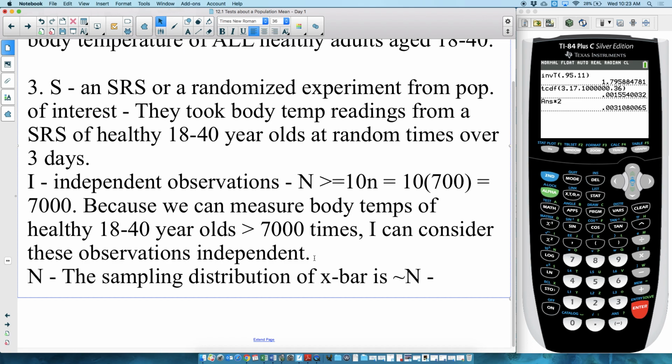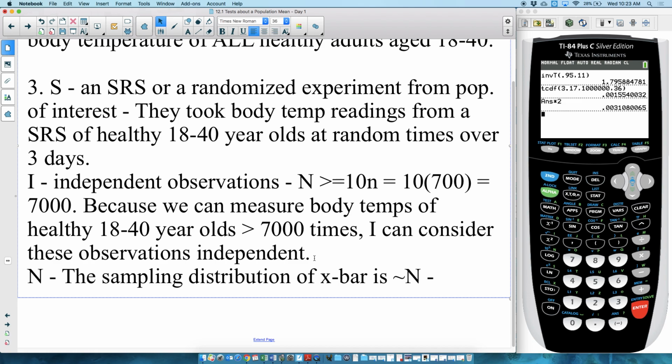Well, it didn't say the population. It said our sample of 700 readings was approximately normal. So if our sample data is approximately normal, then it's likely our sampling distribution is approximately normal. Or, you're right, we can call into play the central limit theorem.